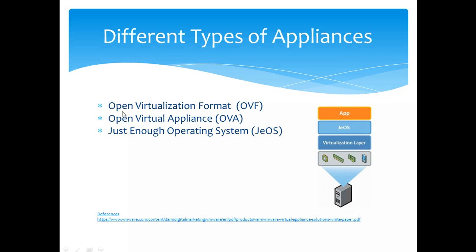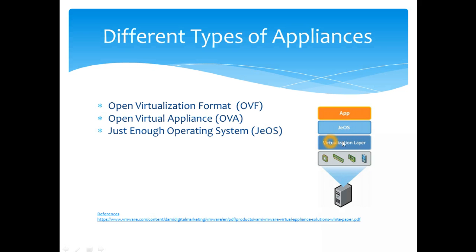Okay, so let's discuss a little bit on different types of appliance which we can have. We have OVF, which is open virtualization format. We have open virtualization appliance, OVA, and then we have another one which is known as just enough operating system, JEOS. As you can see, this is your physical hardware.